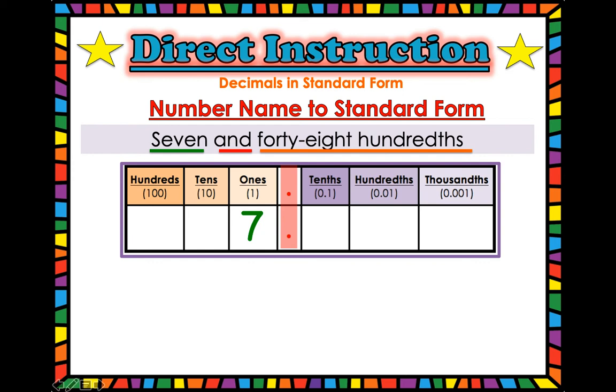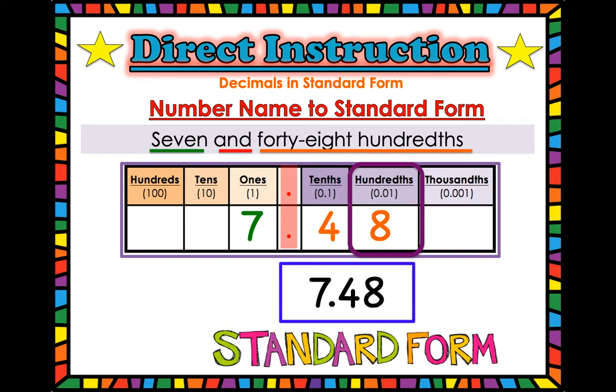It says hundredths. And we know this 8 is going to be in the hundredths place because this is the last digit in this number after the decimal. Okay? Boom. Easy peasy. My gosh, I wish you guys were here to say lemon squeezy.